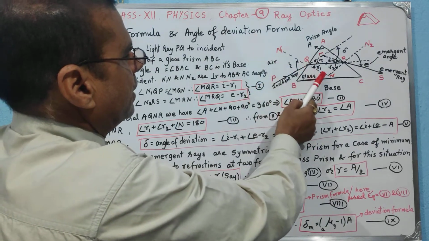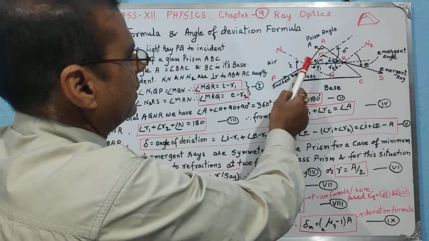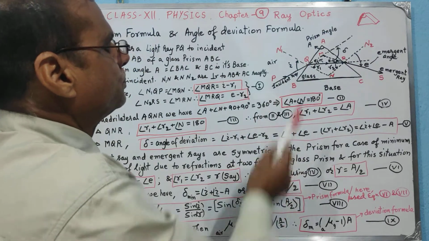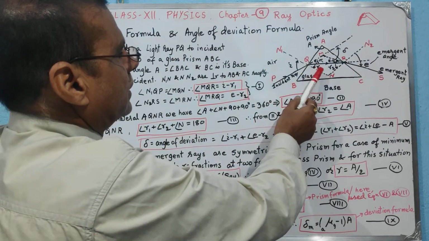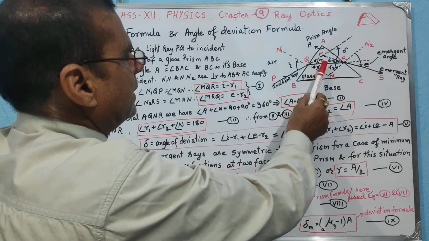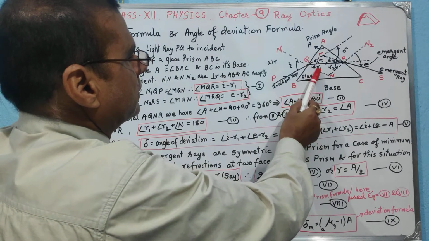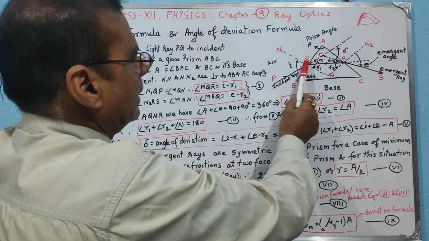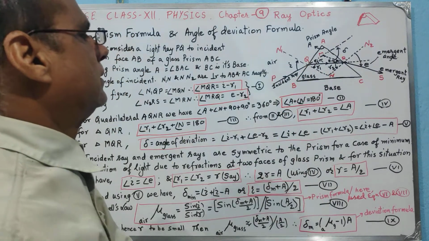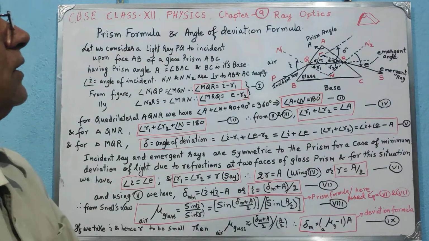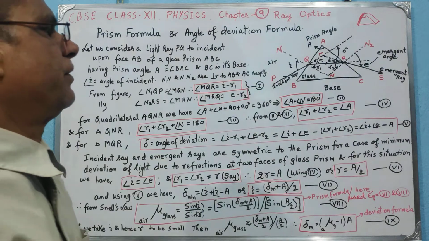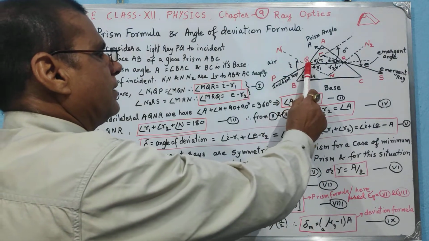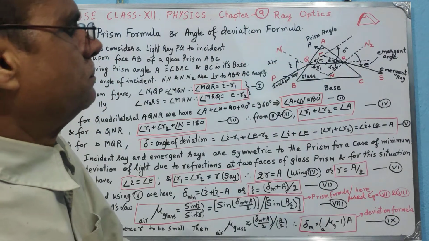Here NQN is the perpendicular drawn at the point of incidence Q. Therefore, the angle between the refracted ray and the normal, that is angle RQN, is R1, the angle of refraction due to first refraction taking place at the first face of the glass prism.